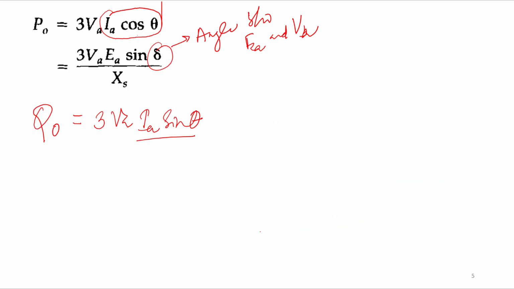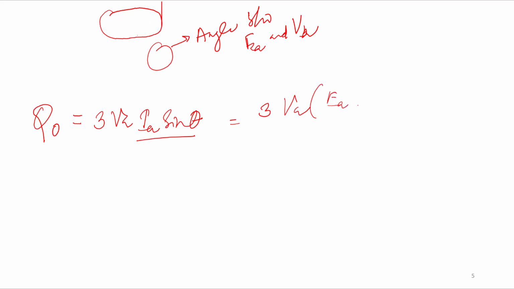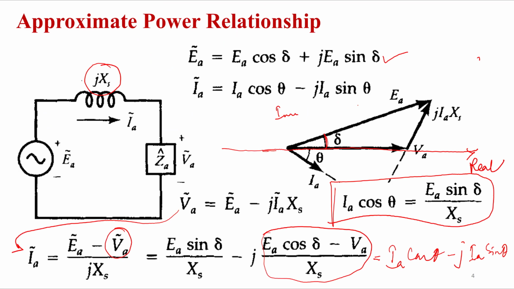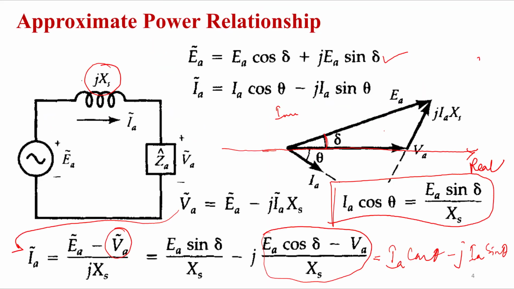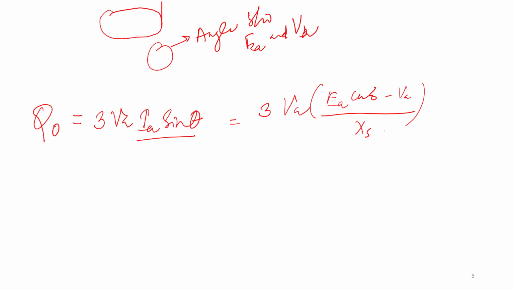So what will be the expression? Can anybody tell? It will be 3 of VA into (EA cos delta minus VA) by XS, right? Okay, so this will be our expression for reactive power.